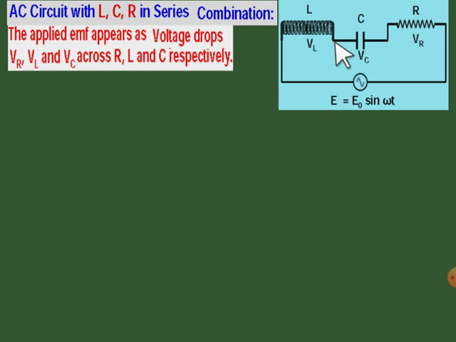Let the instantaneous potential drop across L be denoted by VL, across the capacitor by VC, and across the resistor by VR.